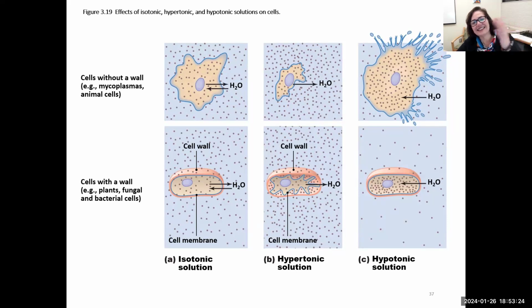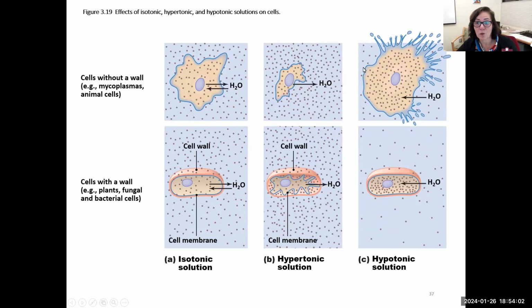And then the other situation, if the solution put on the outside of the cell is very much more dilute than what's on the inside of the cell, it is possible for the solutes on the inside of the cell to draw so much water into the cell that the cell swells tremendously. In extreme cases, it can cause the cells to lyse, to burst open. Okay, so you'll learn more about that once you're in nursing school and talking about different kinds of IV fluids.